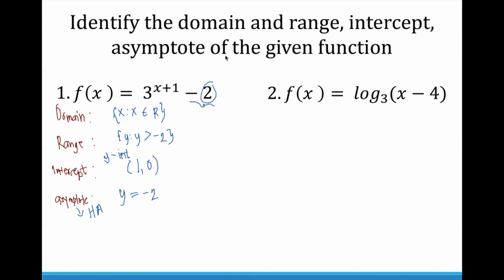So that's for the exponential function. As you can see, you can clearly get this if you can see the graph.